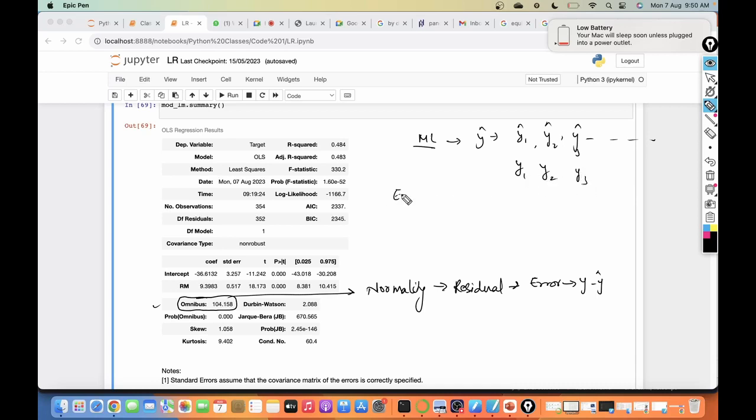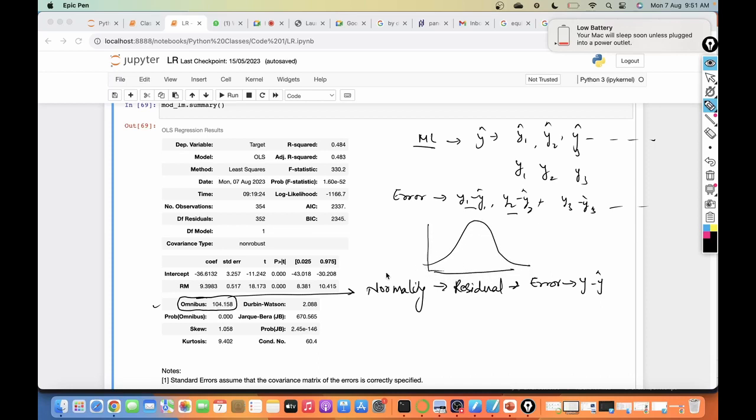Then you can find the error for each one: y1 minus y1 cap, y2 minus y2 cap, y3 minus y3 cap, and so on. Now plot these values and see whether they are normally distributed or not.